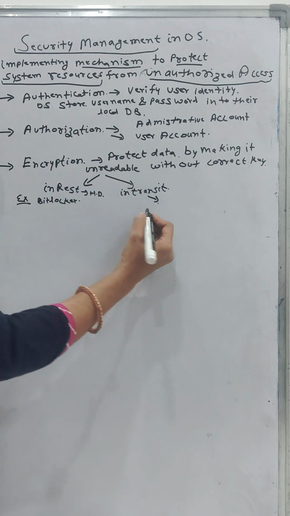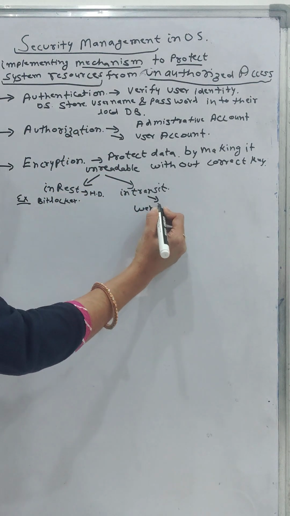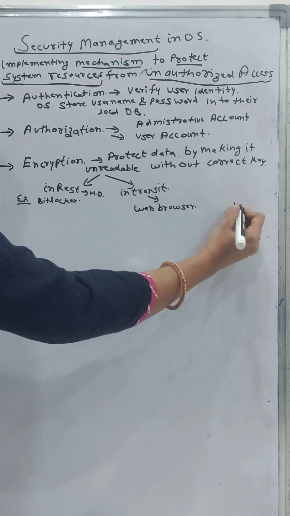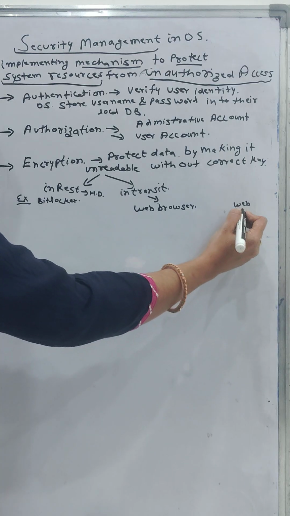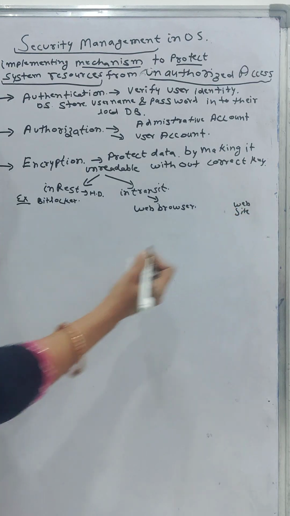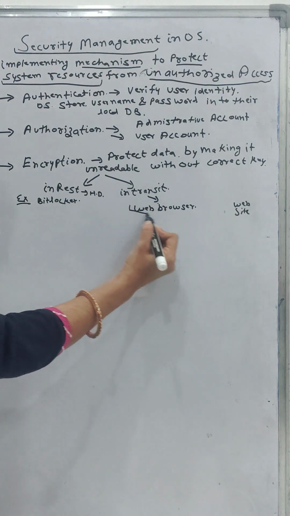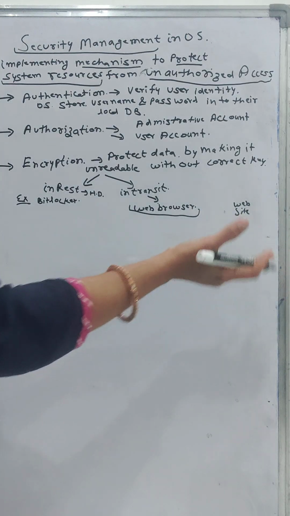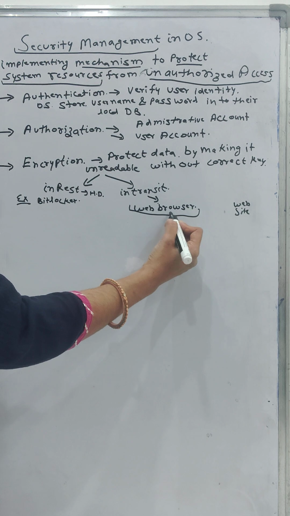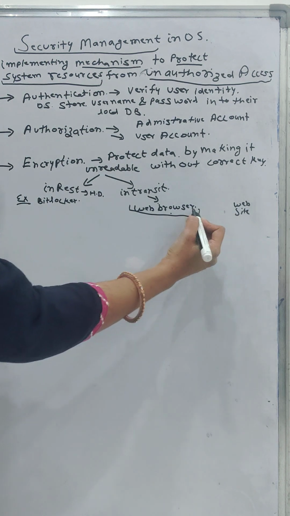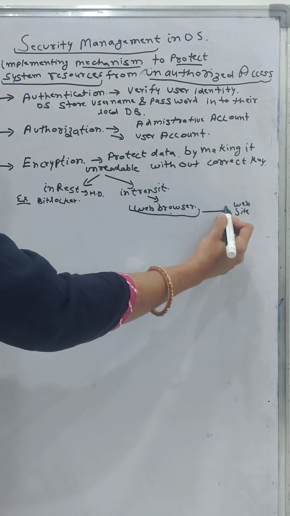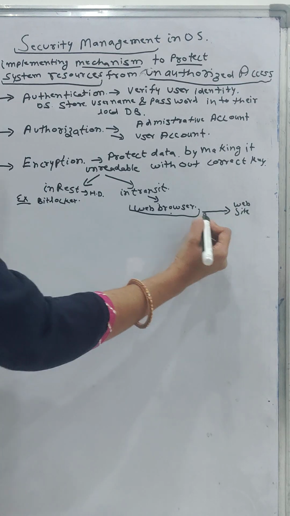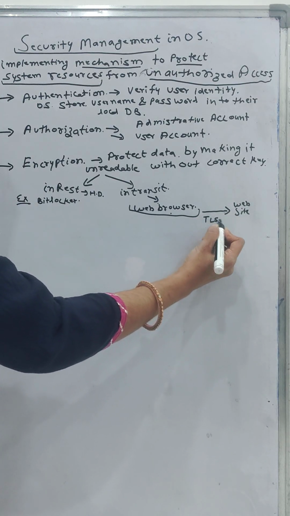This is your web browser and this is the website. The web browser is our application. We send information from the web browser to the website. For sending data in encrypted form, we use TLS, transport layer security.